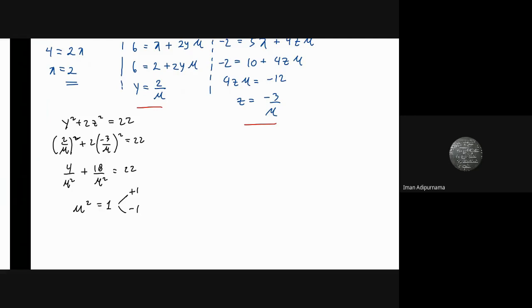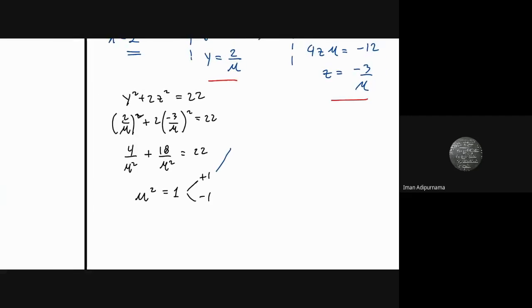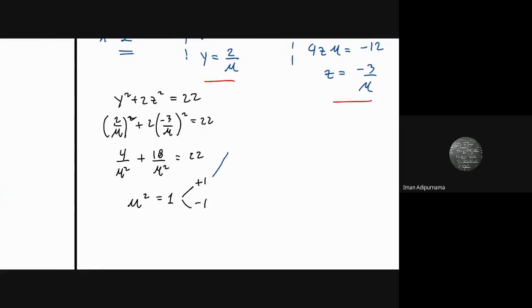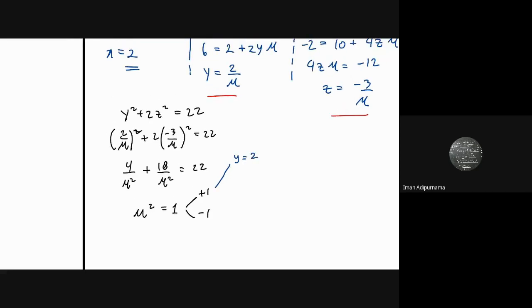So we have positive 1 and negative 1 for mu. From this positive 1 and negative 1, we will get two different points, right? From the positive 1, y is 2 and z will be -3.